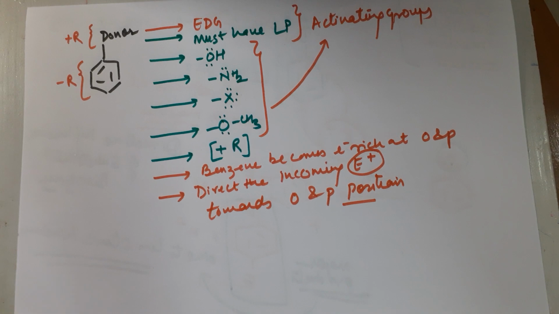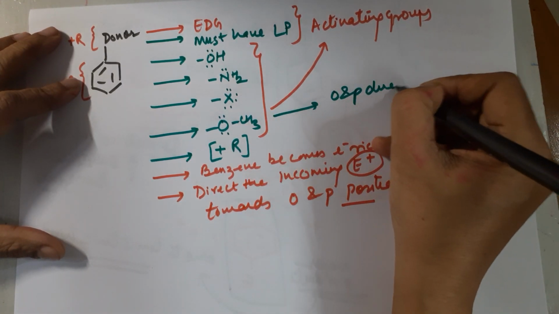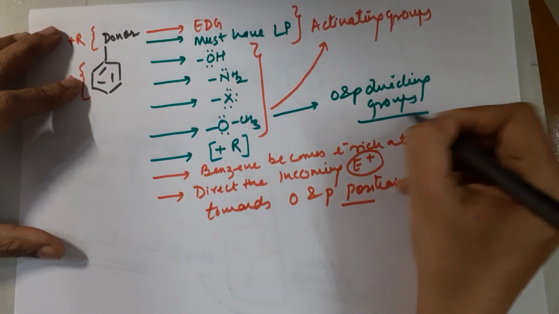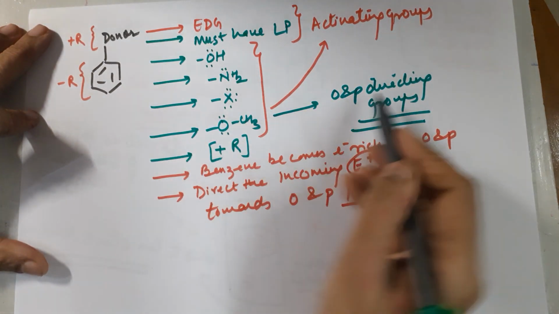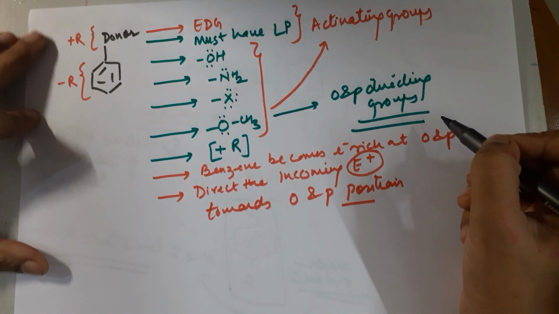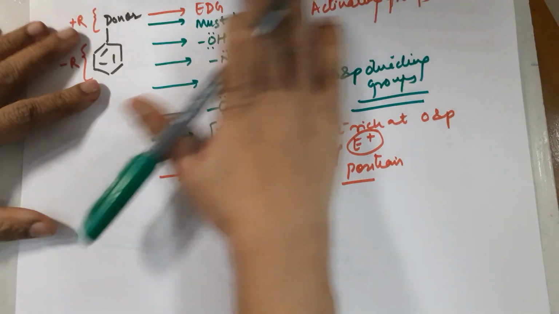So, these groups are also called ortho-para directing groups. All donor groups have a donating tendency, so they are also known as the ortho-para directing groups. Is that clear?